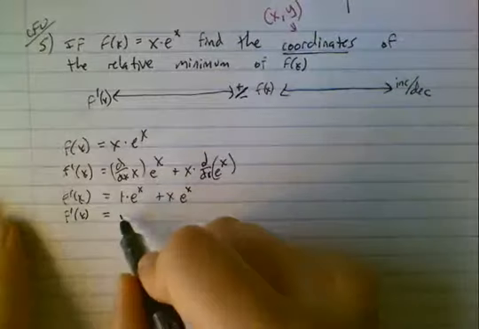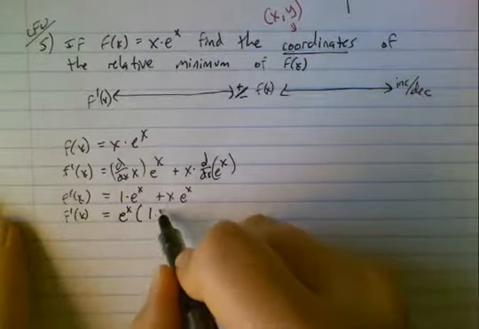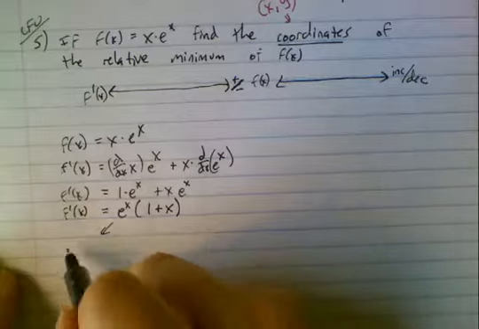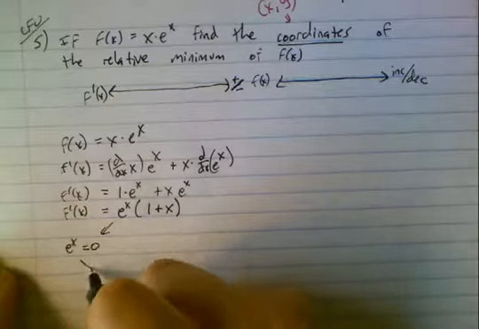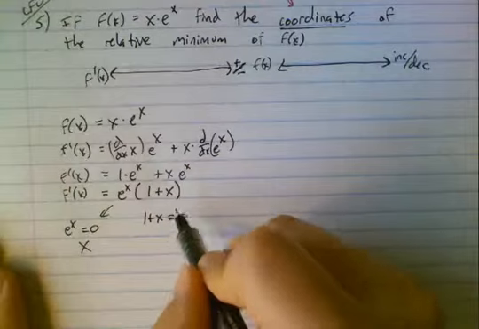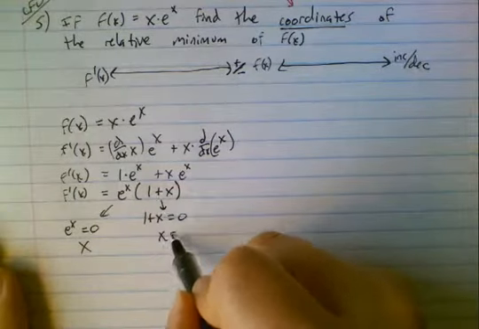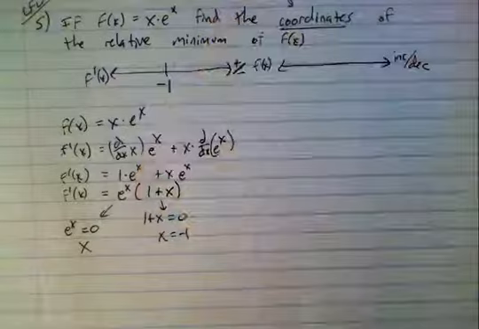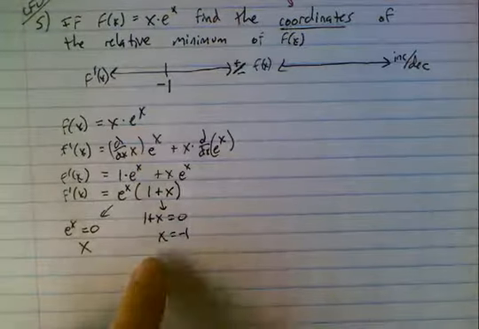Now remember, for sign charts, first we factor if we can. Okay, now we can find zeros. That never happens. Okay, so up here, -1, that's the only value that's interesting.